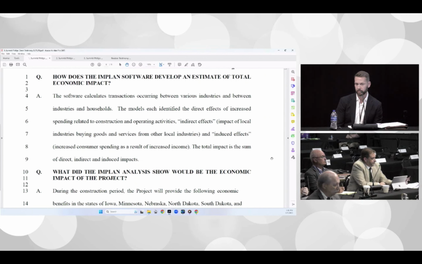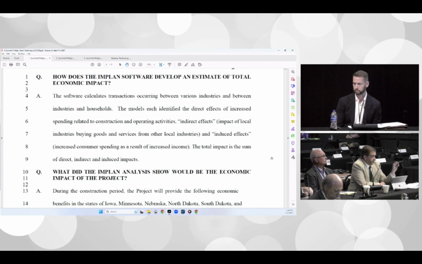That's the matrix that essentially follows the purchase of inputs through the economy as it goes from one business to the next, down the supply chain. On top of that, you can put other additional information. IMPLAN has the social accounting matrix. A general equilibrium model has additional elasticities built in to reflect labor capital substitution, price adjustments, those types of things.